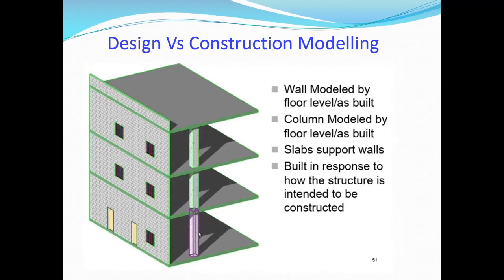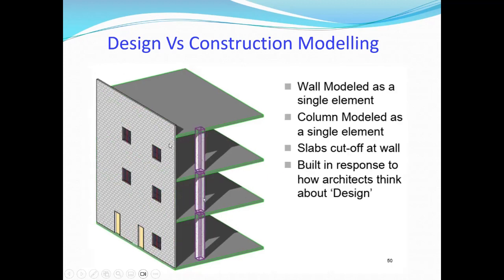If the contractor produces a construction model, they introduce intermediate levels, because this wall is anyway supported by the slab, and you can see the slab here. But to the architect, there's no slab; the wall is just standing like this. This is the fundamental difference between a design and a construction model.